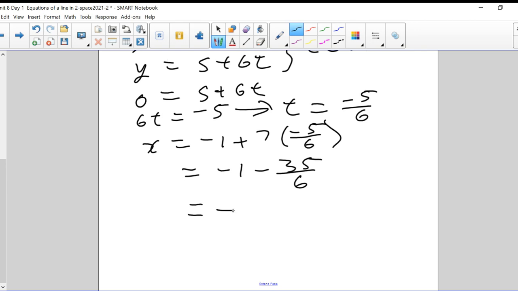And a little quick math here, this is -6 over 6 minus 35 over 6, which is -41 over 6.